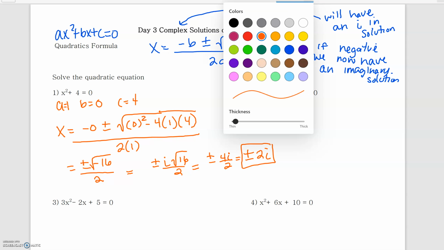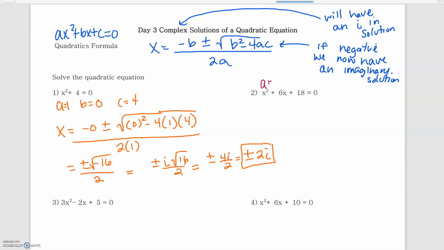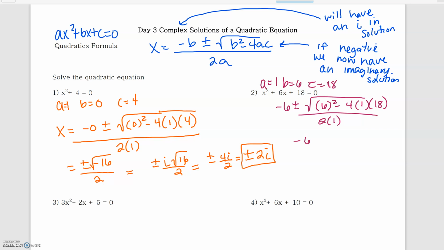Let's take a look at the next one. a equals 1, b equals 6, and c equals positive 18. So x equals the opposite of b plus or minus the square root of b squared minus 4ac all over 2a. And we have negative 6 plus or minus, and we take 36 minus 72, which would give us negative 36 underneath that radical there.